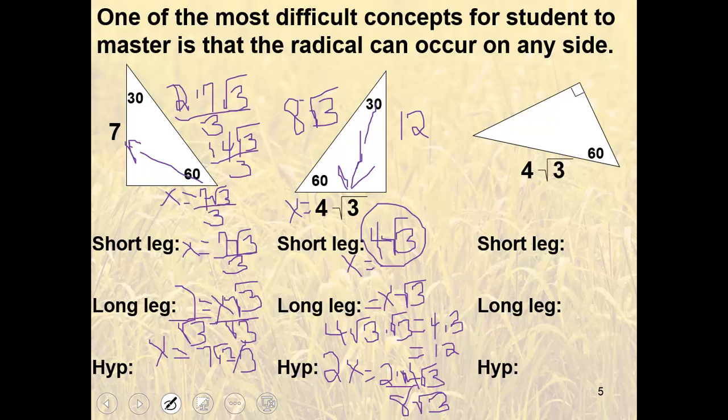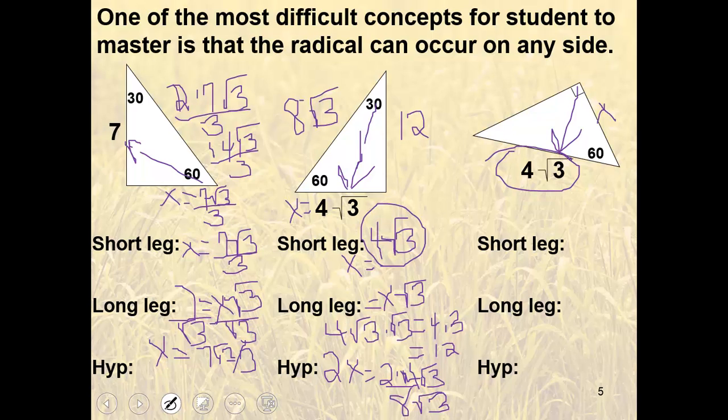Alright? Now I'm given my hypotenuse right here. I know that because it's across from my 60-degree angle. I'm sorry, my 90-degree angle. Alright, so this has to be my short leg. Alright, how do I find my short leg if I know my hypotenuse?